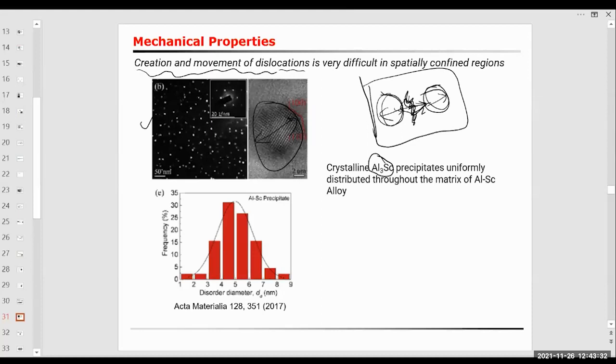When that is difficult, the material is said to have a high bulk modulus, or any other elastic modulus, and you can design the strength of the material by adjusting the size of these precipitates and also the gap between them. Am I clear?